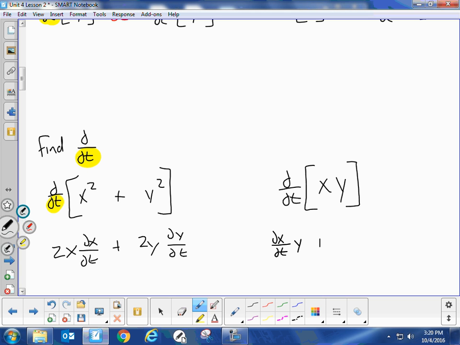We need every single derivative with respect to t and every variable. Okay? And again, this was just the derivative of x times y. This is derivative of x times y plus derivative of y times x. This is the product rule.